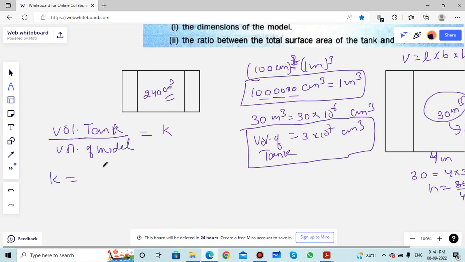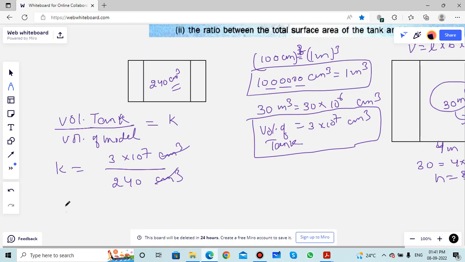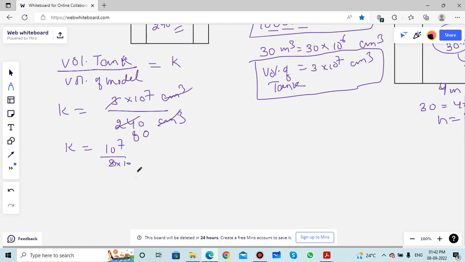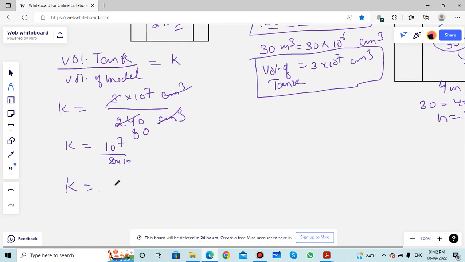We just got it. 3 into 10 to the power 7 centimeter cube. And here is 240 centimeter cube. Centimeter cube got cancelled. So what is K factor coming up as? 3 8s are 24. So we got 10 to the power 7 divided by 80, which means 8 into 10. So K factor is coming as 10 to the power 6 upon 8, right?